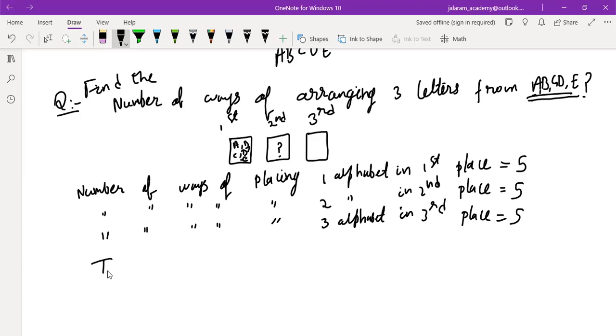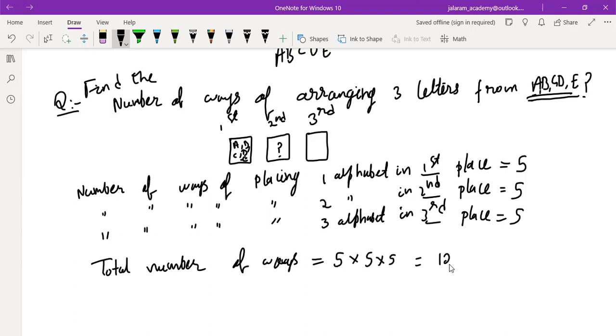So the total number of ways, how many will there be? As we have to complete the first and second and third place all at once, we will use the principle of multiplication. So it will be 125. Is that clear to everyone?